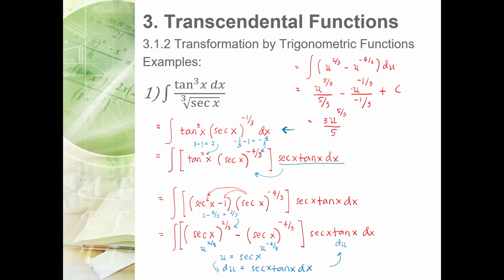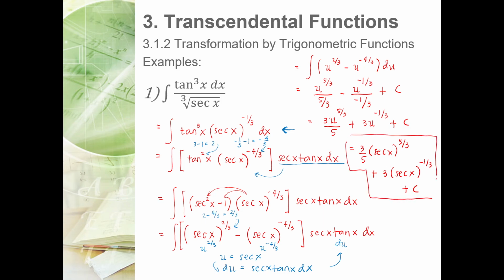Then since both are negative, this becomes plus 3u to the power of negative 1/3 plus c. So replacing back the equation, we now have 3/5 of secant x to the power of 5/3 plus 3 secant x to the power of negative 1/3 plus c. So this will be your final answer.